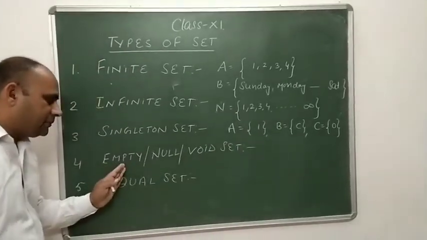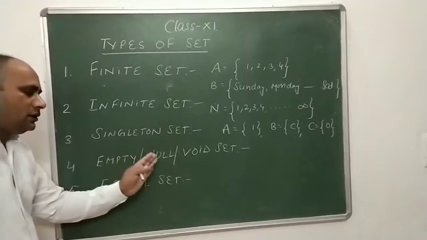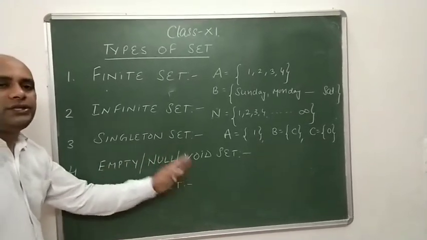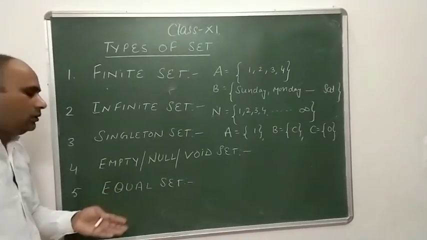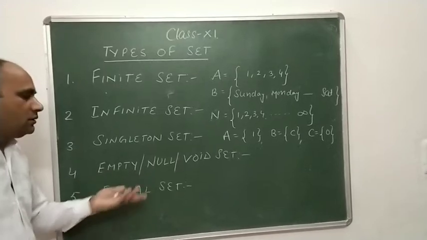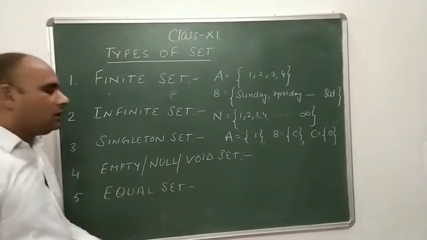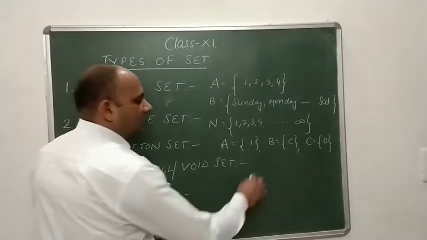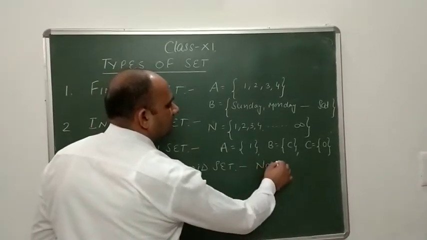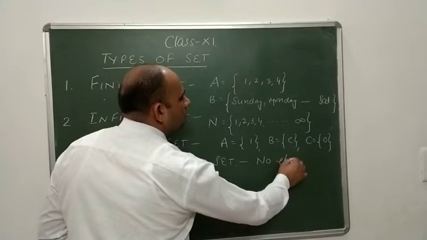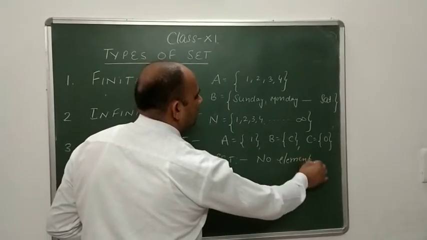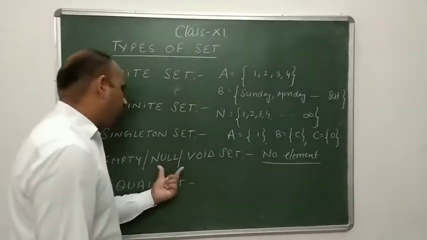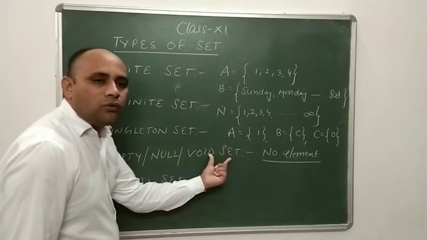Next bete empty set, null set, void set. You know empty means no, null means nothing, so all have same meaning. So empty set, null set, void set which have no element is called empty set, null set or void set.